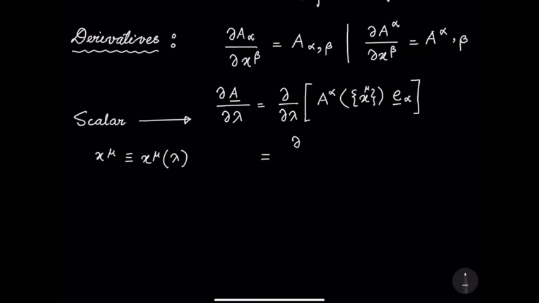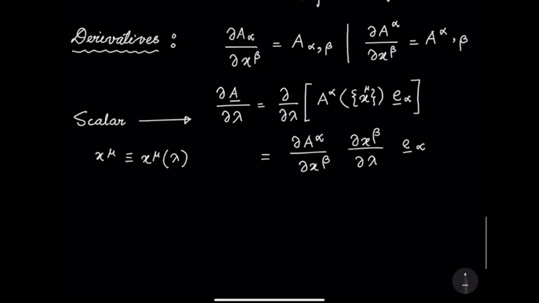So if I use the chain rule now, this becomes del A alpha del x beta, del x beta del lambda, and E alpha just comes out of the differentiation because they're constants, at least for whatever we have done so far.